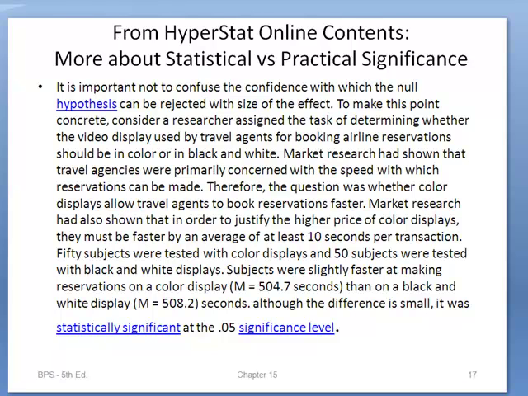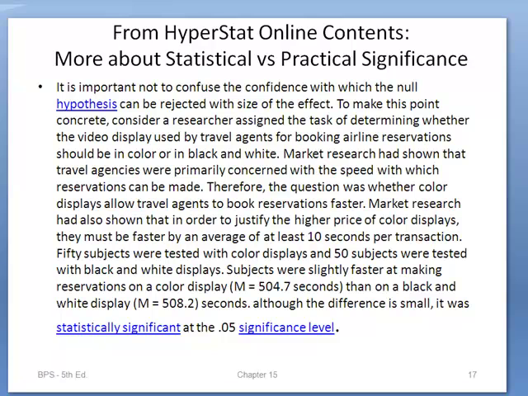Market research had shown that travel agencies were primarily concerned with the speed with which reservations can be made. Therefore, the question was whether color displays allow travel agents to book reservations faster. Market research had also shown that in order to justify a higher price for colored displays, they must be faster by an average of at least 10 seconds per transaction.